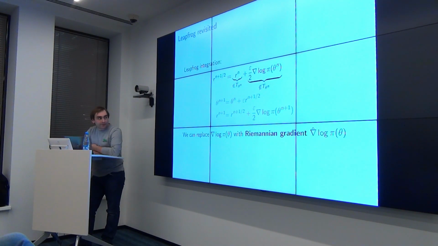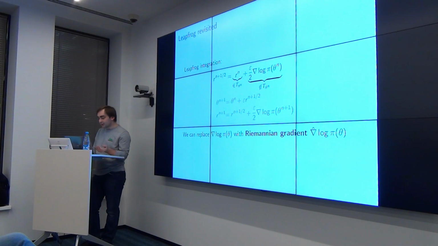So take a look at the first equation. We want Rn to lie in the tangent space at point theta n. And in the original leapfrog, we added gradient. Here, it makes sense to use Riemannian gradient, and it will lie in the same tangent space as Rn, and so we can add them, and this operation will make sense.